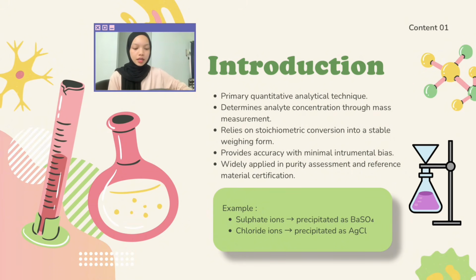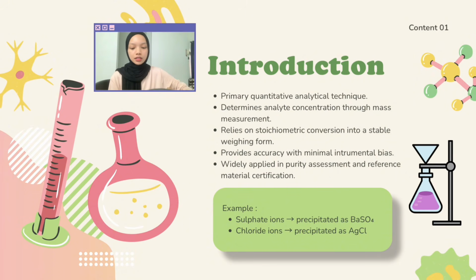The analyte is chemically converted into a stable compound known as the weighing form. This compound must have a definite chemical composition so that its mass can be directly related to the amount of analyte using stoichiometric calculations. For example, sulfate ions can be converted into barium sulfate, which is an insoluble precipitate.